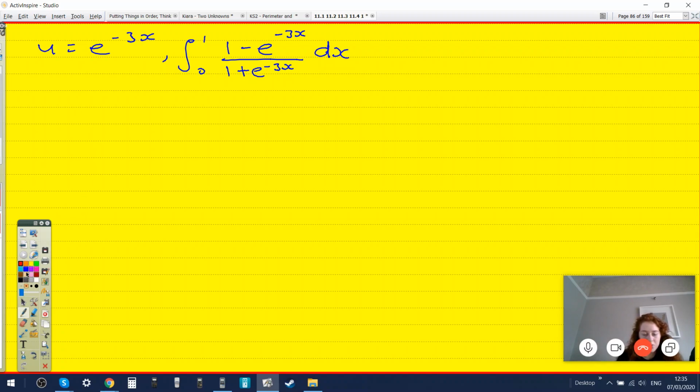So you take ln of both sides, and so it's ln u equals ln e to the minus 3x. Any idea what you do next? So then x would be ln u divided by minus 3. Yep. And I'll write it as minus a third ln u, just so it's in polynomial form for integrating.